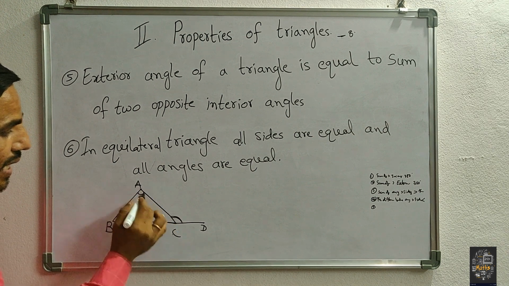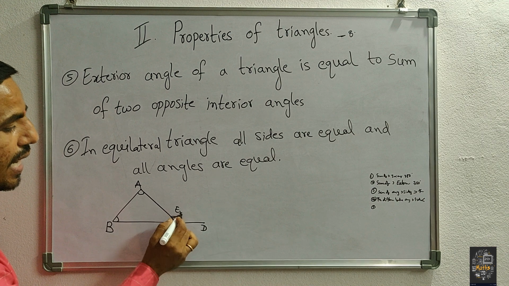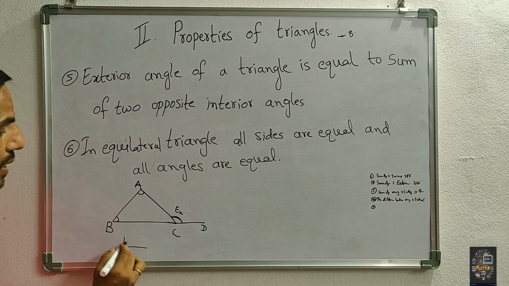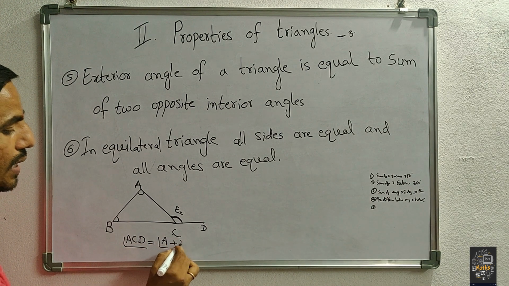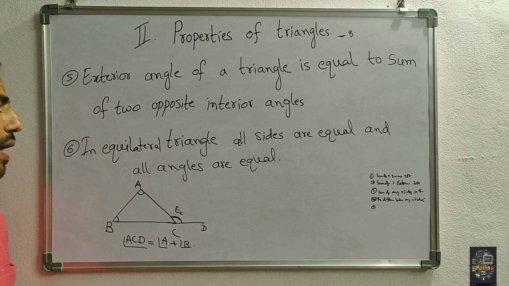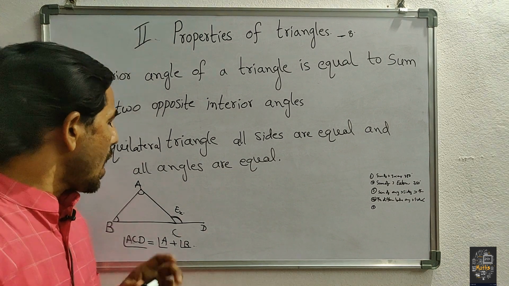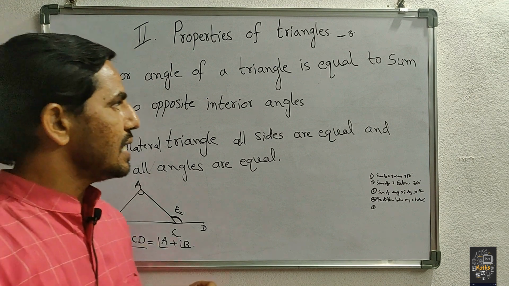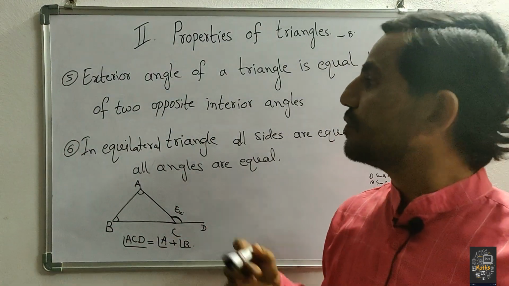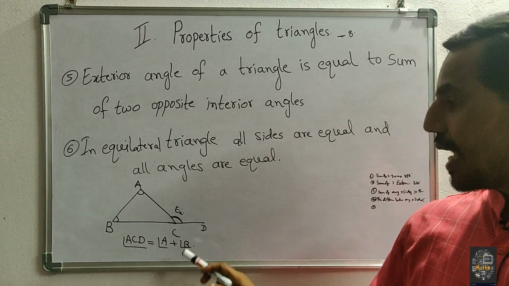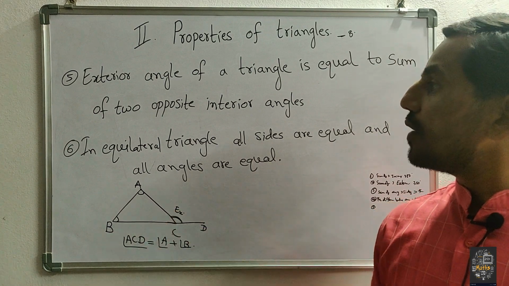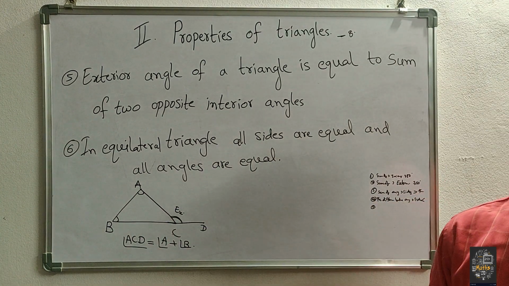Here angle ACD is the exterior angle, so angle ACD is equal to angle A plus angle B. This is the fifth property: the exterior angle of a triangle is equal to the sum of two opposite interior angles.